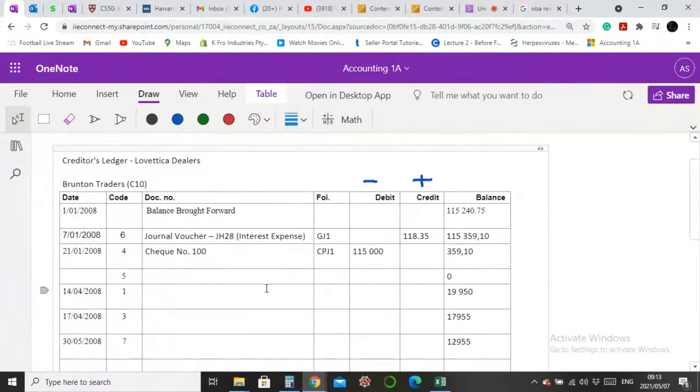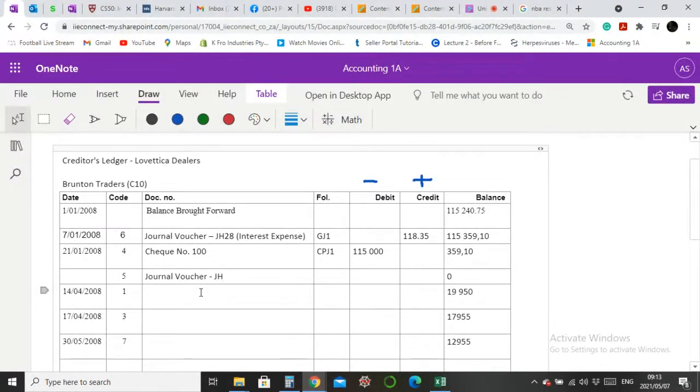Okay, but we also know that there was a settlement discount granted. So here they just told us JH something. So we know that's a journal voucher. So we can write that out, no problem. JH, I think it's 28, I'm not sure.